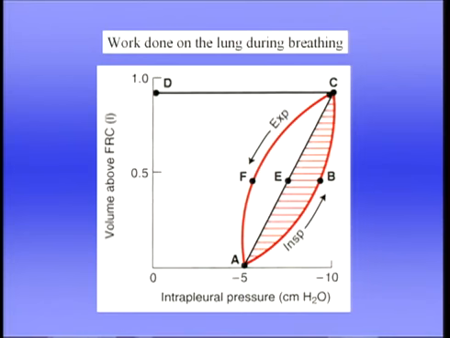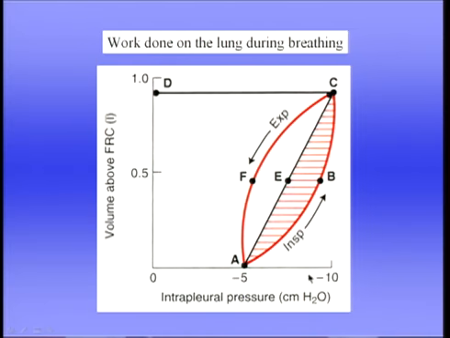And first of all, we'll look at the work done on the lung during breathing. How much work do we need to do in order to expand the lung? And work is often indicated as pressure times volume, and we can do that using an image as shown here. Here we've got intrapleural pressure on this axis, and this is volume above FRC as we expand the lung.